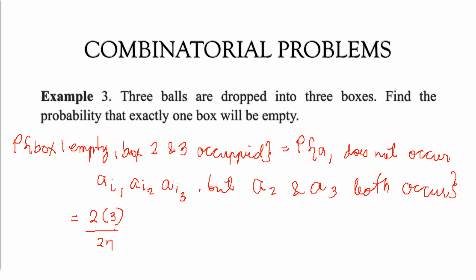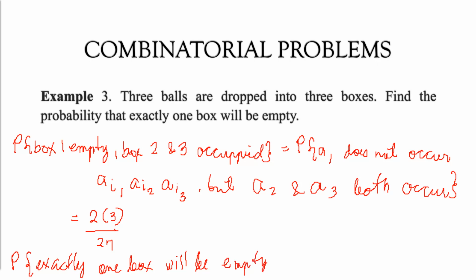So the probability that exactly one box will be empty is, by symmetry, 3 times 6 over 27, which is equal to 2 over 3.